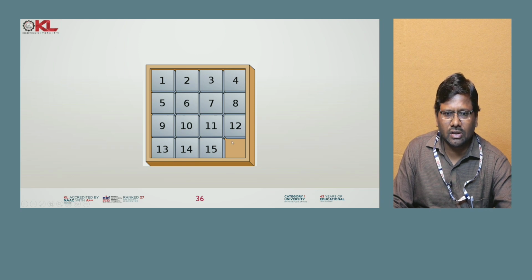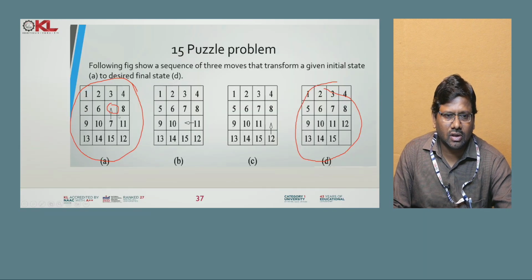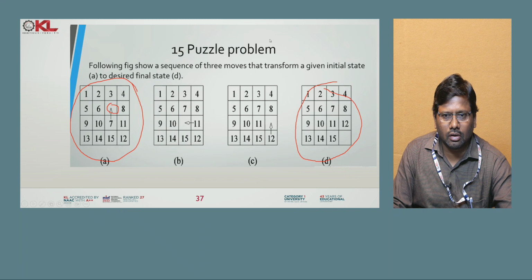For each position of the free space we have four different moves. Let's make it clear. Suppose here there is a free space. This is the initial and this is the final one. How do we get that final position? This free space should be moved in such a way that all the elements are arranged in a particular order.